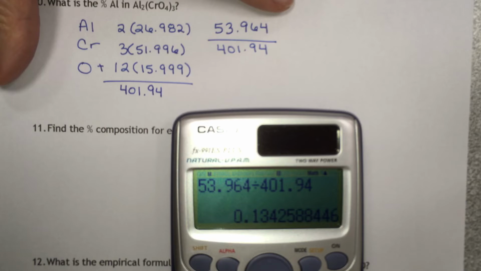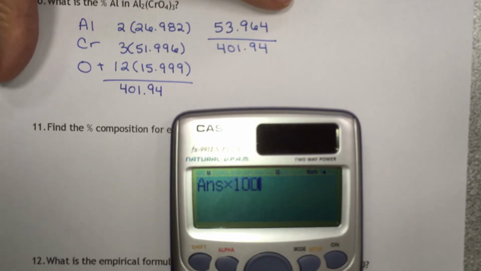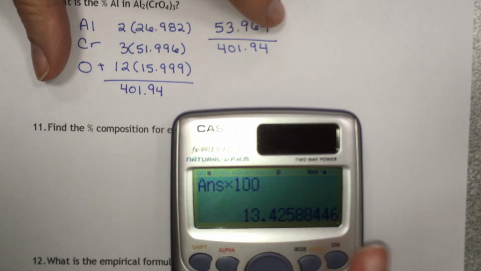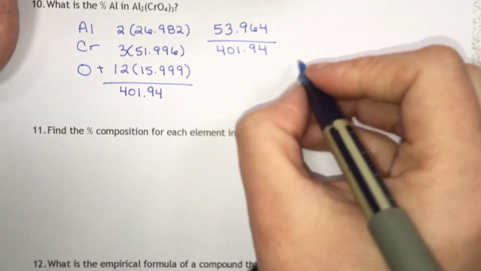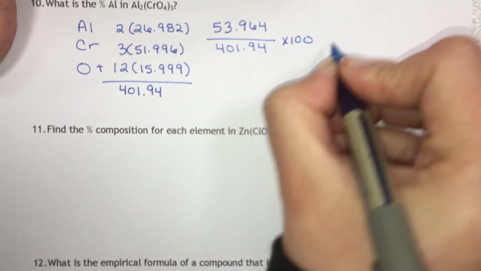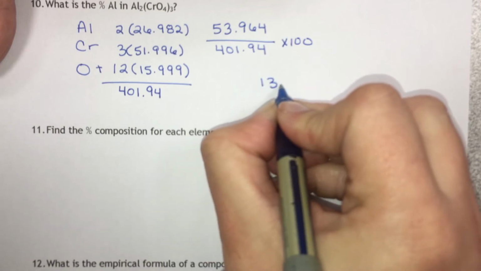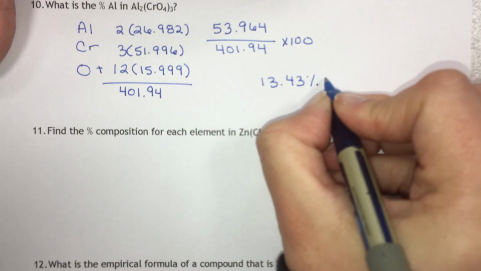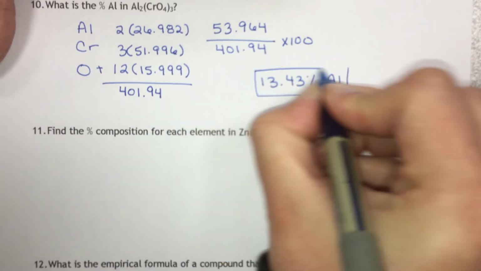Remember, we need to multiply it by 100. You could just move the decimal over. I always feel comfortable multiplying it by 100. So 13.43%. So the answer is 13.43% aluminum is our answer.